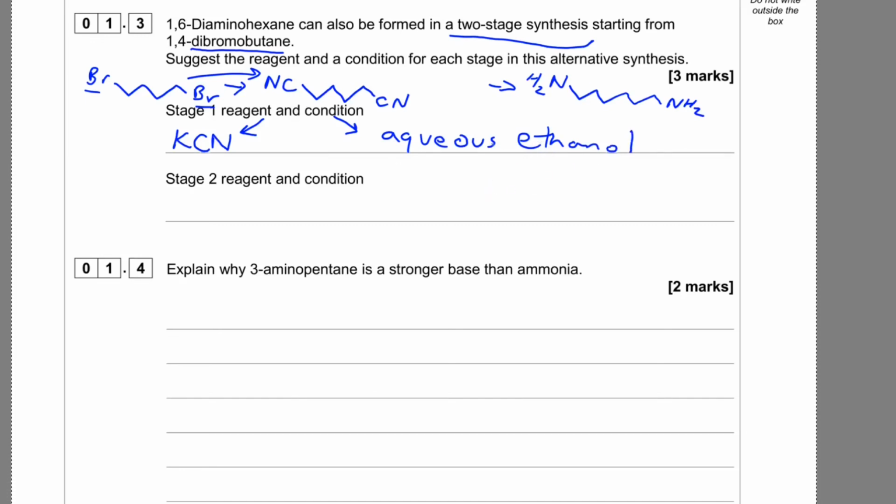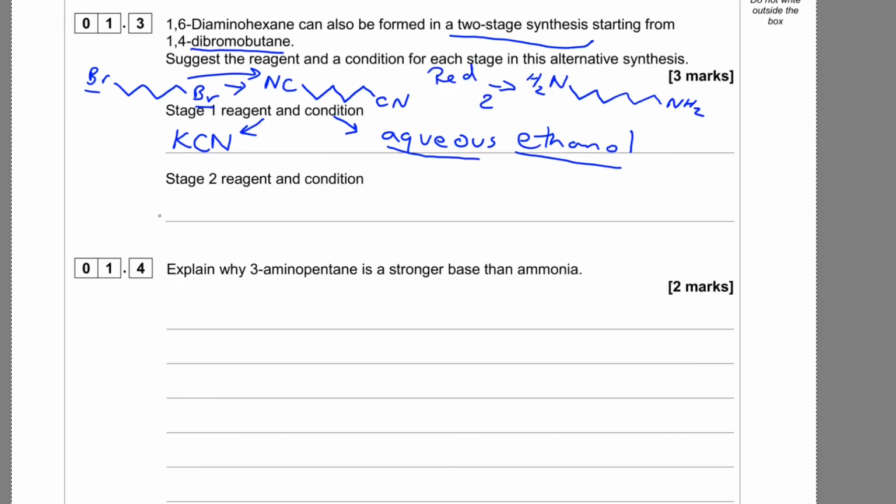So the aqueous means that our cyanide is going to be dissolved, and the ethanol will make sure that the dibromobutane is dissolved. So then we've got stage 2, which is this one here, and this is the reduction stage.